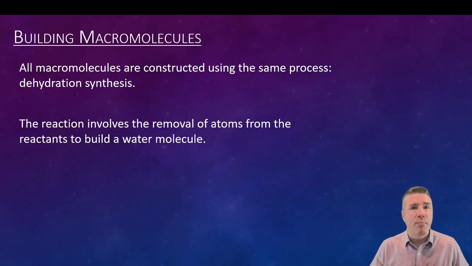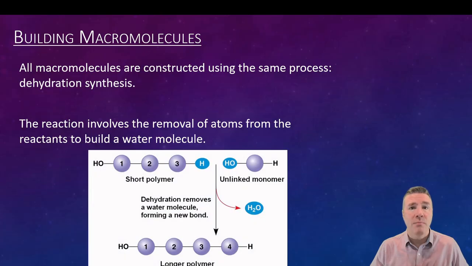If you recall from a previous video that functional groups are the collections of atoms at which chemical reactions in organic molecules occur, you'll easily recognize the hydroxyl group participating in dehydration synthesis. We will see specific examples of this reaction when we explore the individual macromolecules one by one.